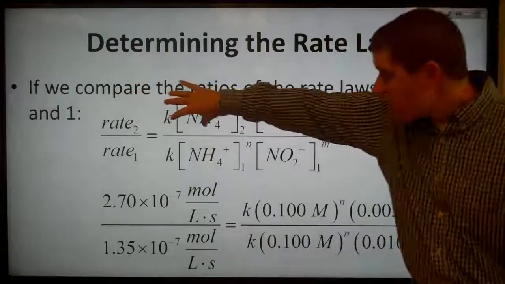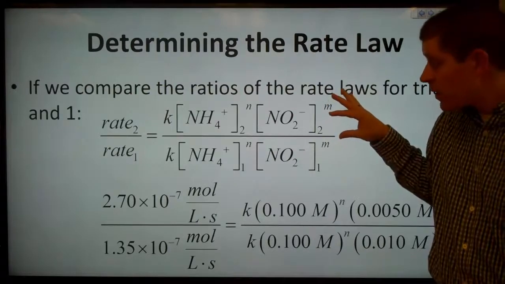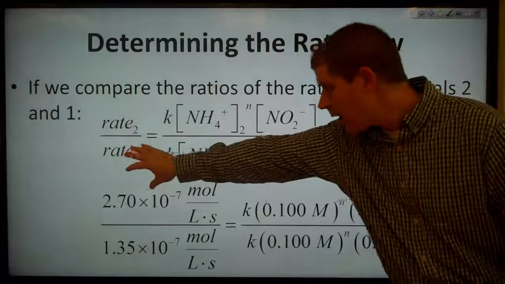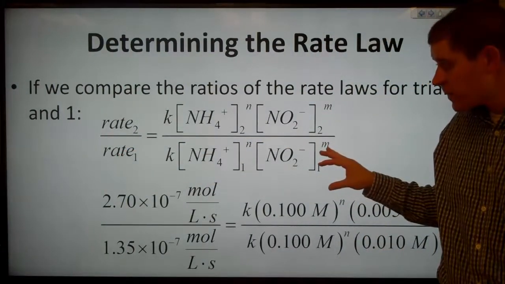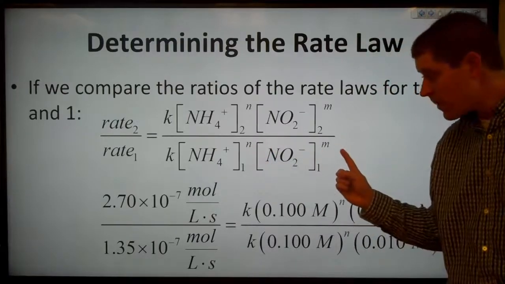So we have the equation for the rate law with rate 2, with trial 2, divided by the rate and the concentrations for trial 1. Again, make sure that you put in this n and m there.